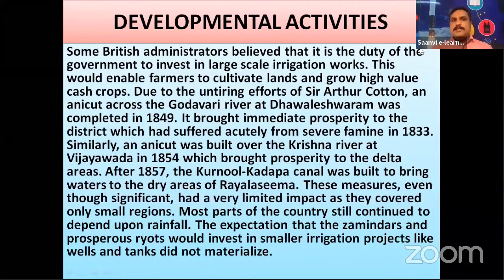Here you can see some British administrators believed that it is the duty of the government to invest in large-scale irrigation work. Large-scale irrigation work means providing water for farmers for their cultivation. Generally we call it irrigation work. This would enable farmers to cultivate land and grow high value cash crops.